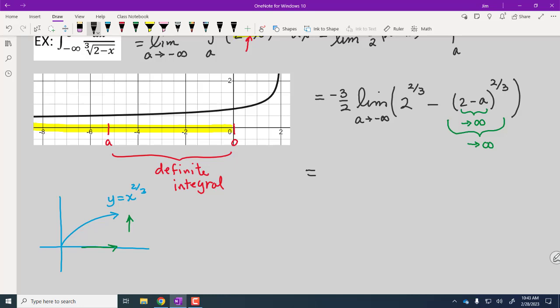So constant minus infinity, that's negative infinity. Negative infinity multiplied by -3/2 will be positive infinity. And so what we say is, therefore, we have divergence, or diverges.